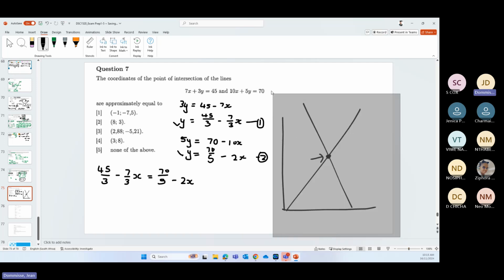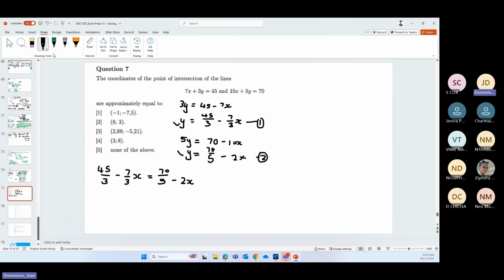There's a reason why we did simultaneous equations, because we can do this as a simultaneous equation, where it might be a bit simpler to do certain things. Let's just see if my two formulas are right. 7x plus 3y is that. 10x plus 5y is that.